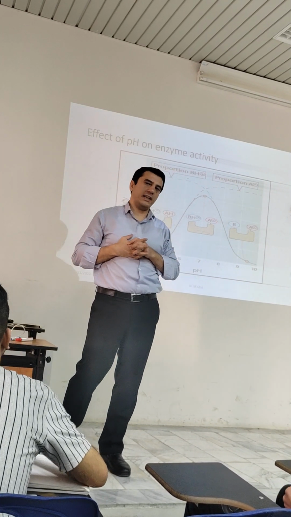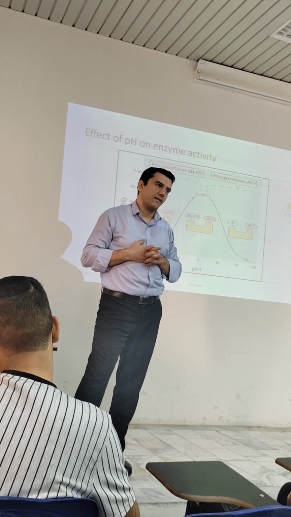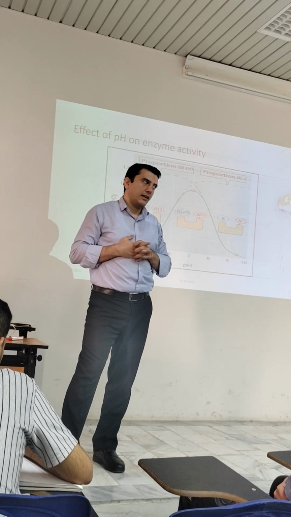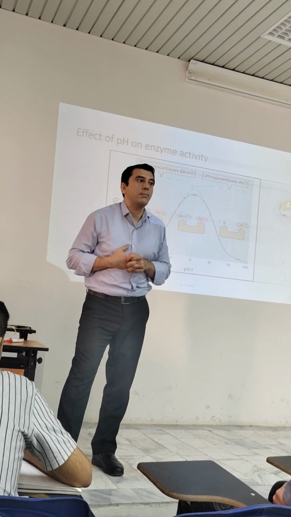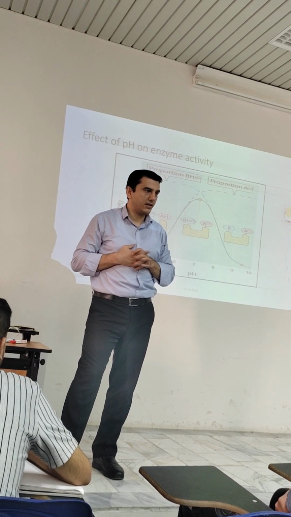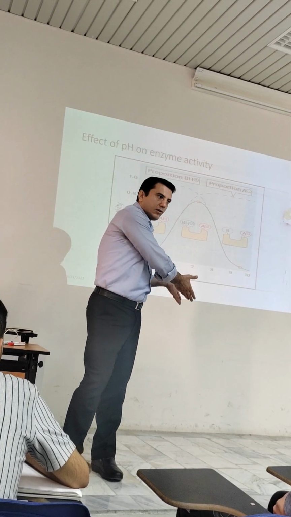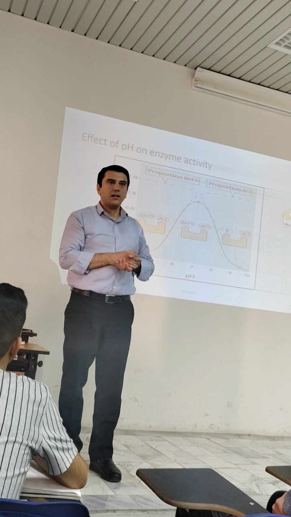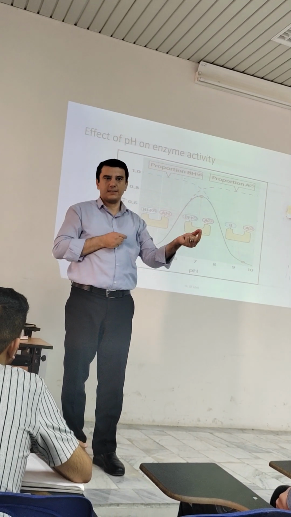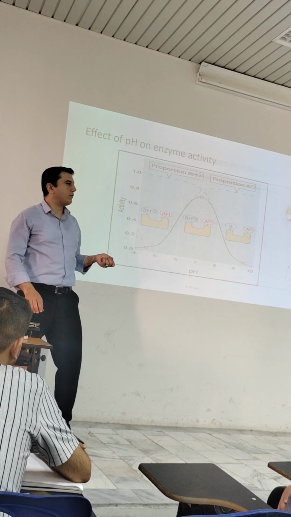But what happens to the enzyme in this situation? Denaturation will happen. What was denaturation? You did this examination in your last practical lab. You saw that enzymes will denature by using acids, for example SSA, sulfosalicylic acid.